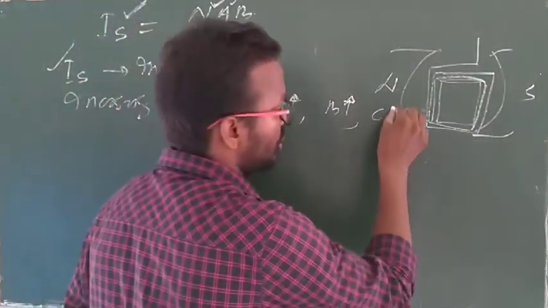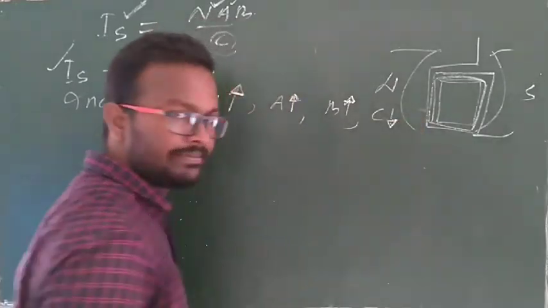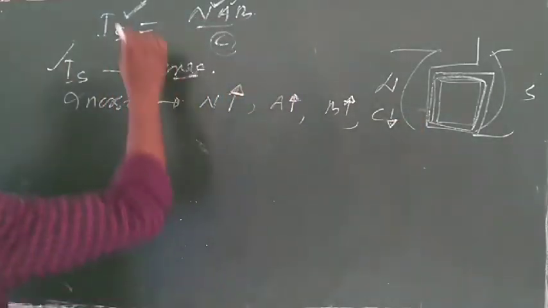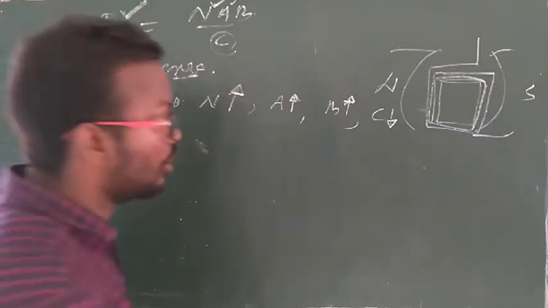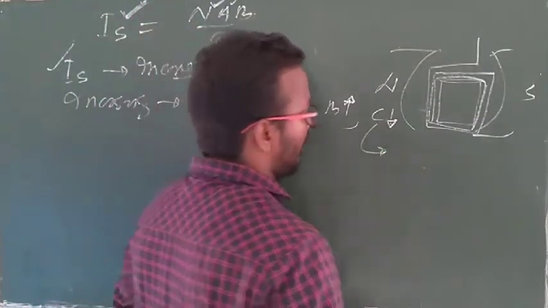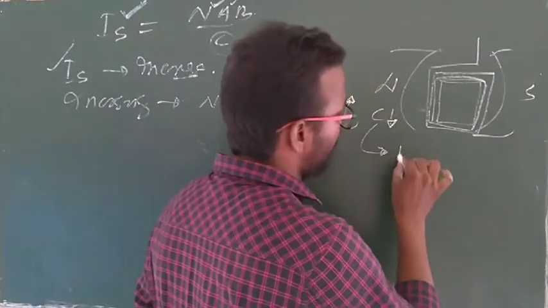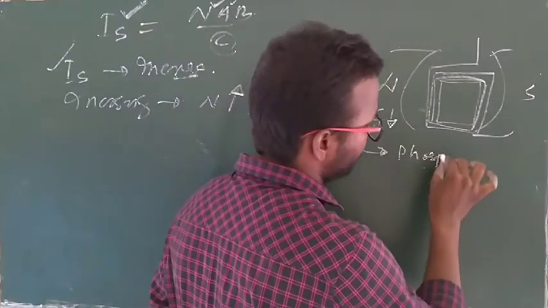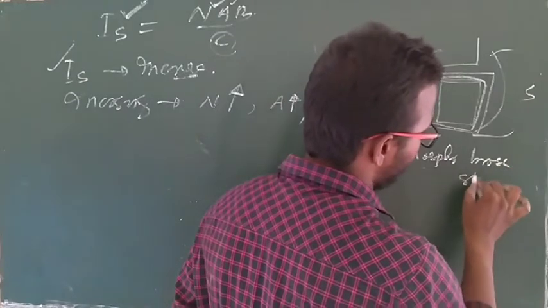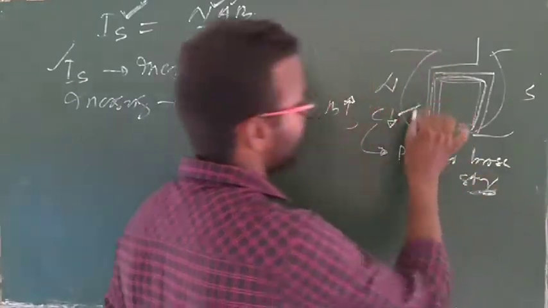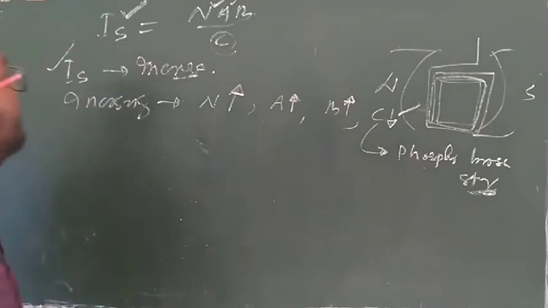If the torsional constant decreases, then the current sensitivity of the galvanometer increases. So here we use a phosphor bronze strip to decrease C, so that the current sensitivity of the galvanometer increases.